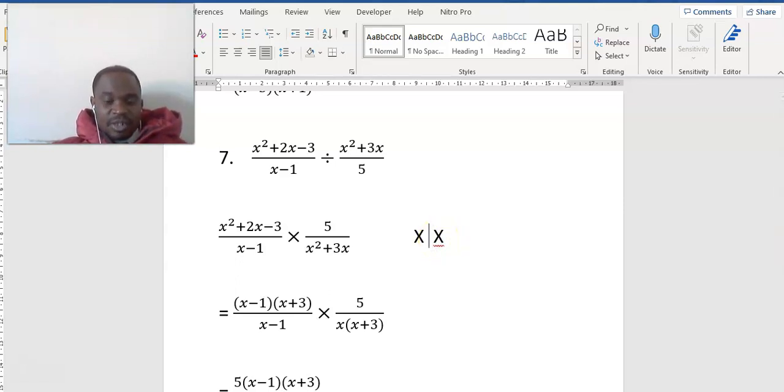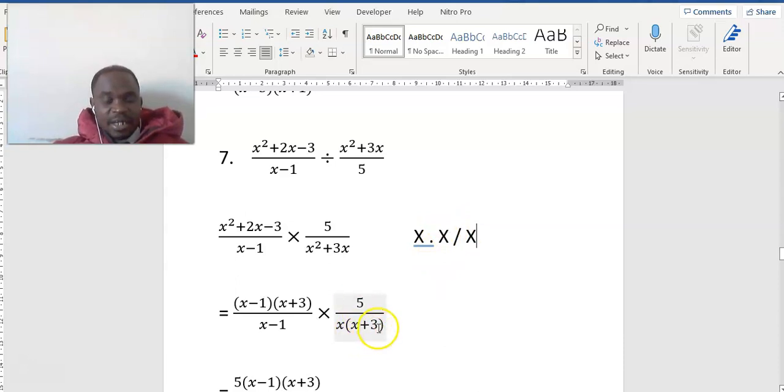Alright, let me use a dot for the times here. It's like x times x divided by x. You see that this x will cancel one of these x's. What is going to remain is x. So this is the x.